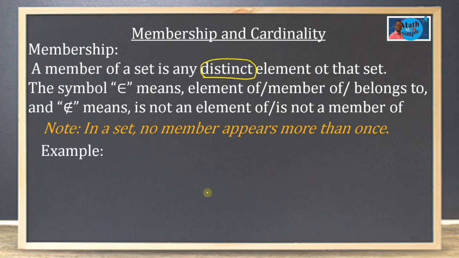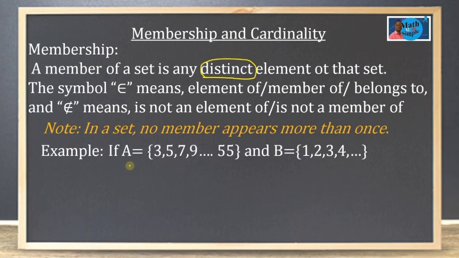Okay, so for example, if A equals a set of 2, 5, 7, 9, 55, and B is 1, 2, 3, 4, all right, then 2 is a member of B. All right, so let's see.